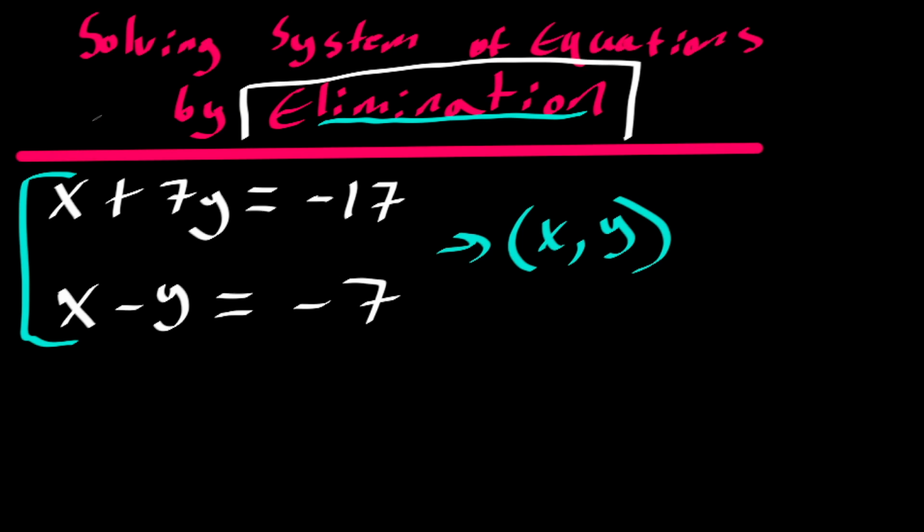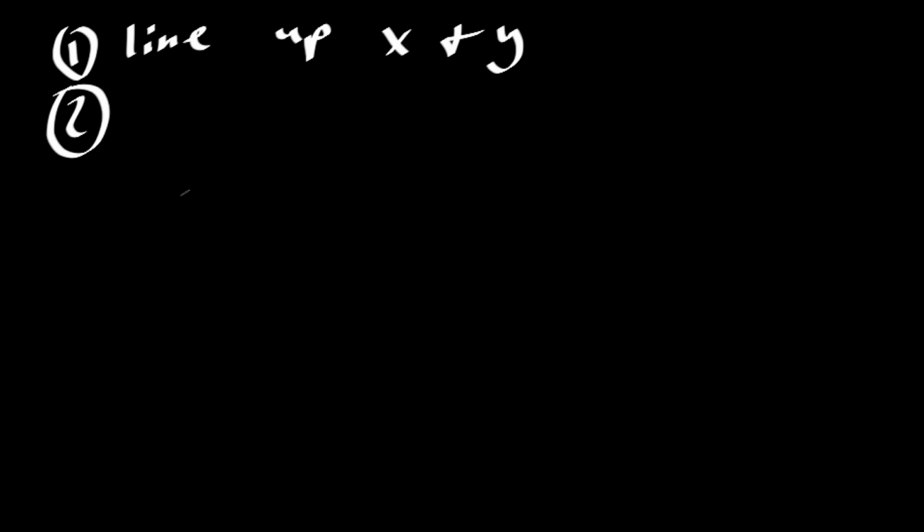So the first step is we want to line up our equations. So basically, we want to make sure we line up the x's and the y's and everything else. Okay, pretty simple step. Then we may have to do this, we may not have to do this, but you want to multiply so that you can end up with coefficients that are the same.